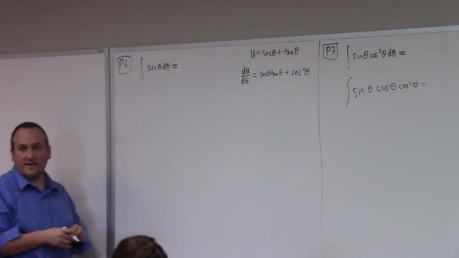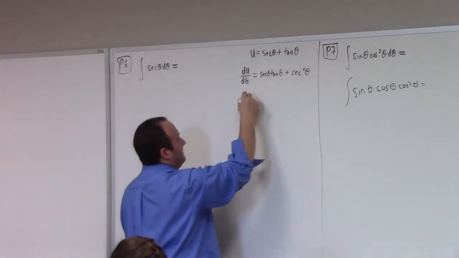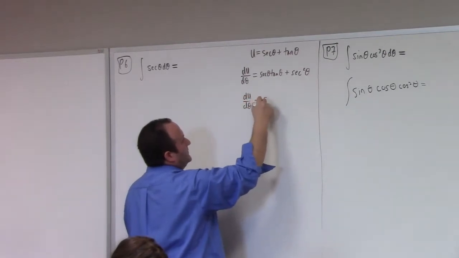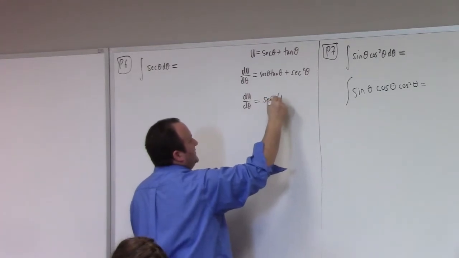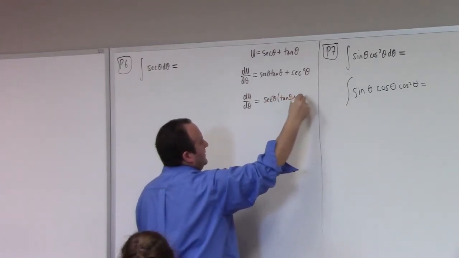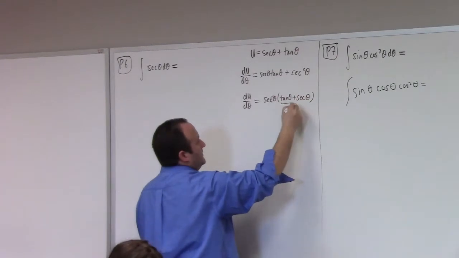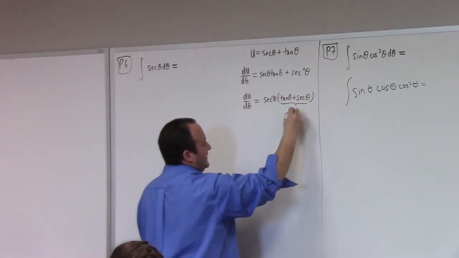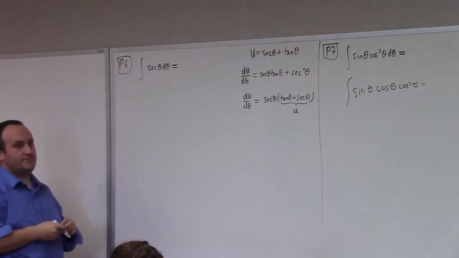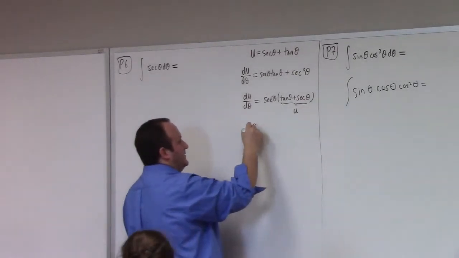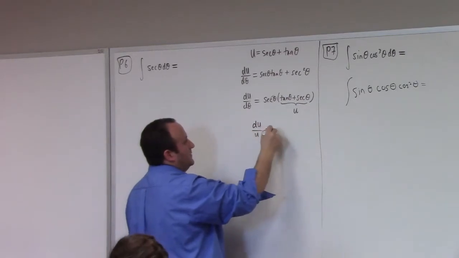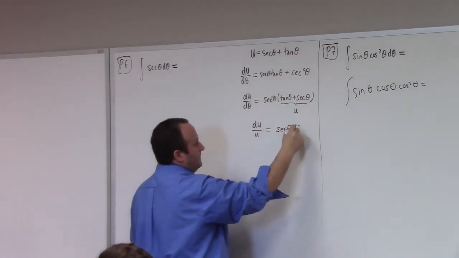You can factor secant theta out of that. So du d theta is secant theta times tangent theta plus secant theta, yeah? Notice that the thing in parentheses is exactly u again, right? So with a u equals secant plus tangent substitution, I find the following cute identity. I find that du over u is secant theta d theta.